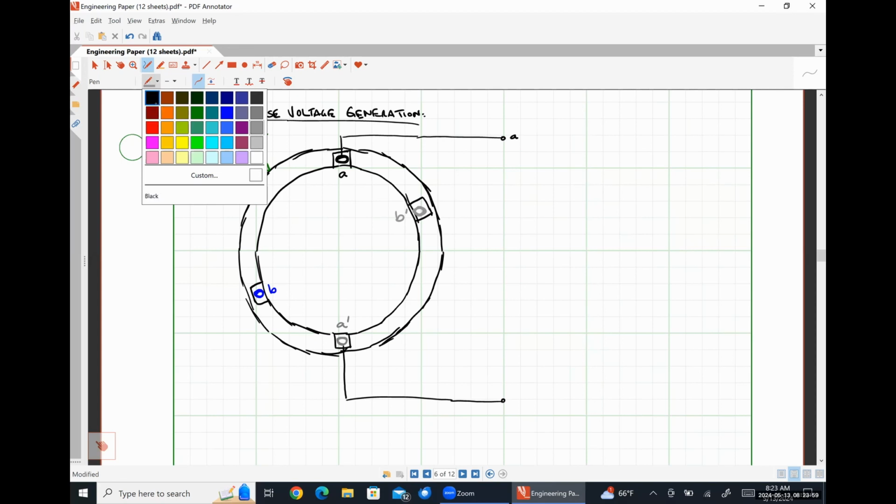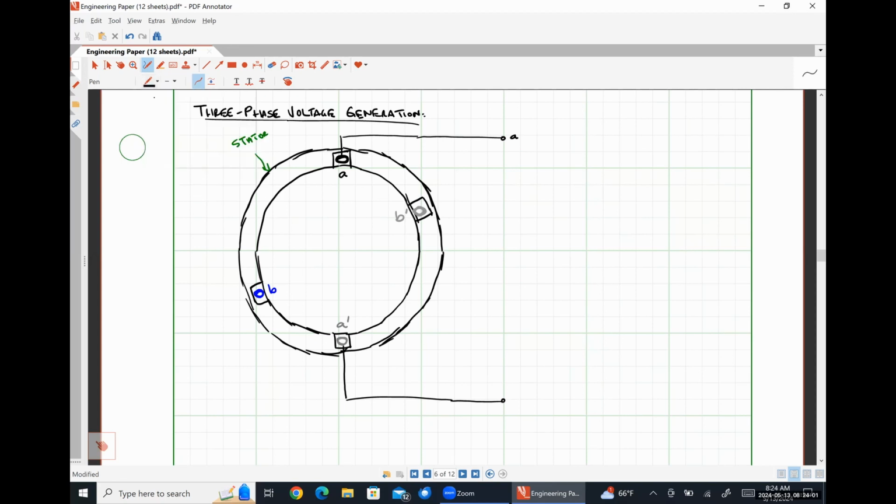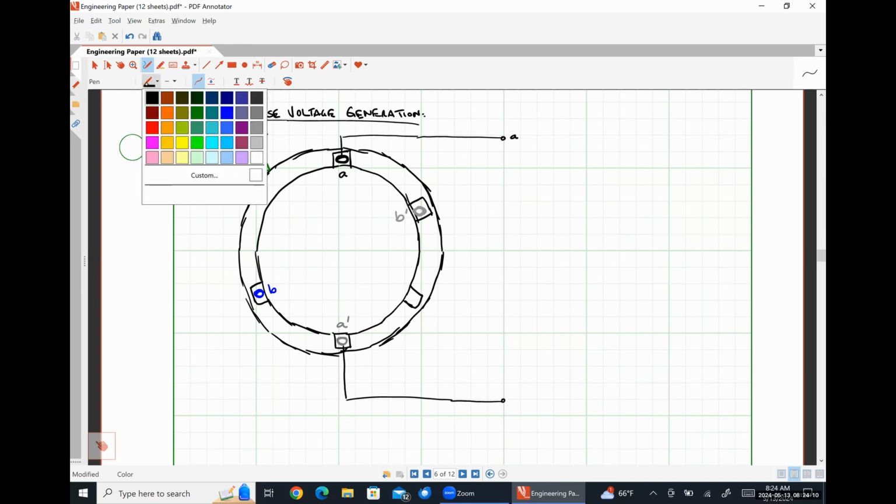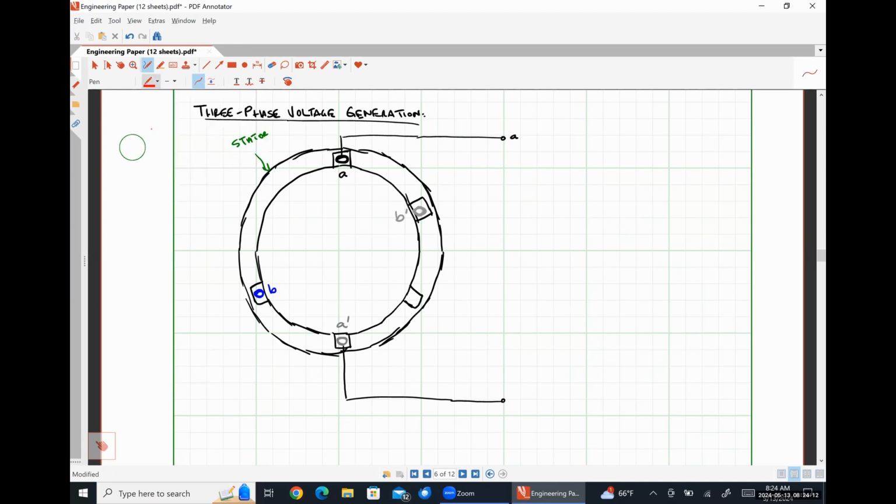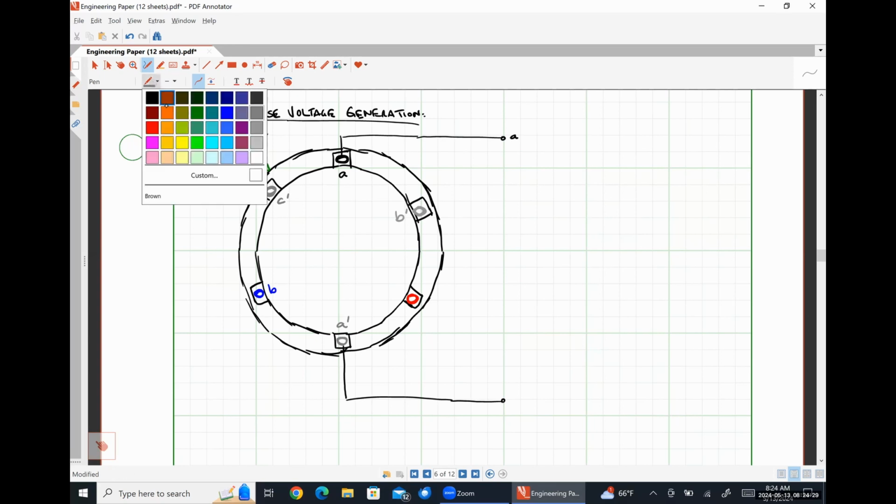And then 120 degrees away from both A and B, so over here on the right-hand side, we'll have a C coil, which I'll do in red. And 180 degrees away from C, we'll have our C prime return path.